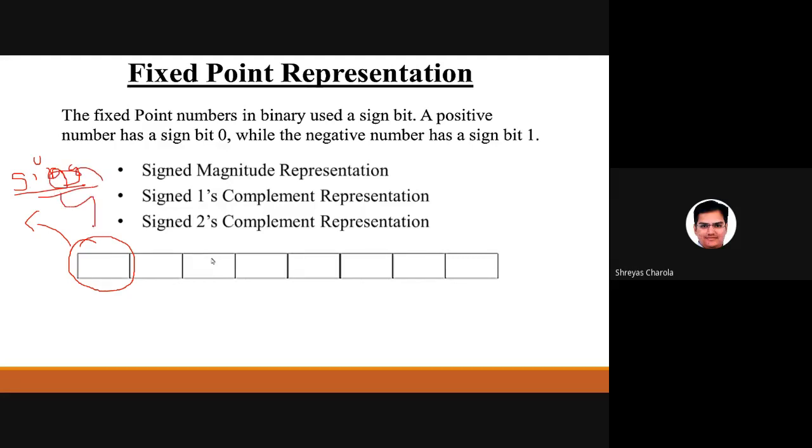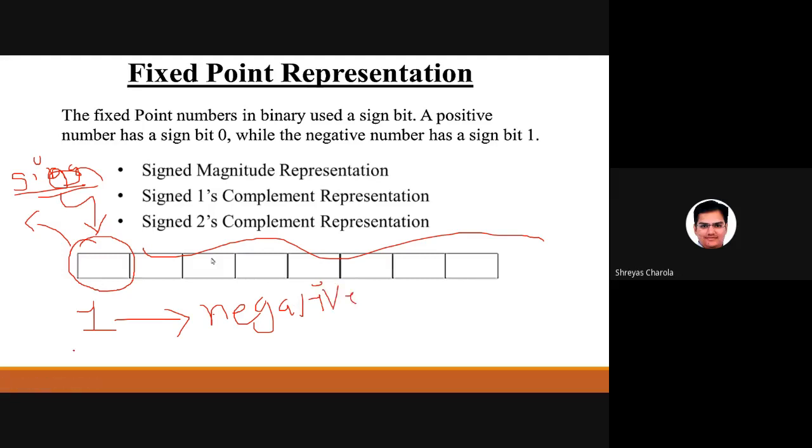Now this bit tells the computer whether the number is positive or negative. If this bit is 1, that means after converting all the binary numbers, the number obtained in decimal will be negative. And if it is 0, that number will be positive.